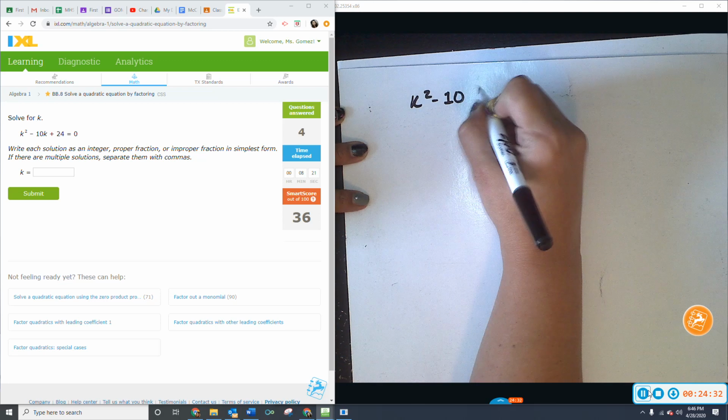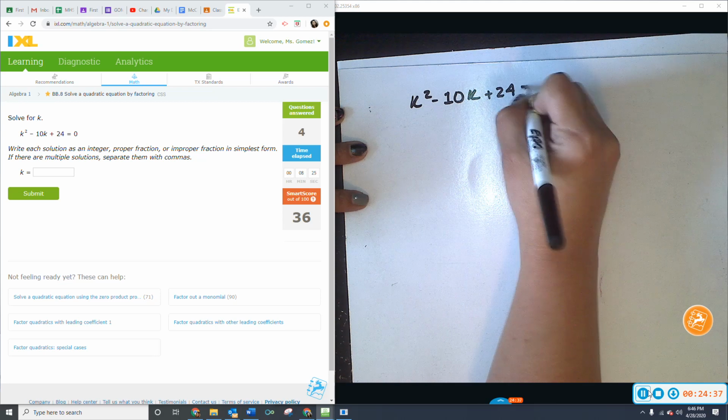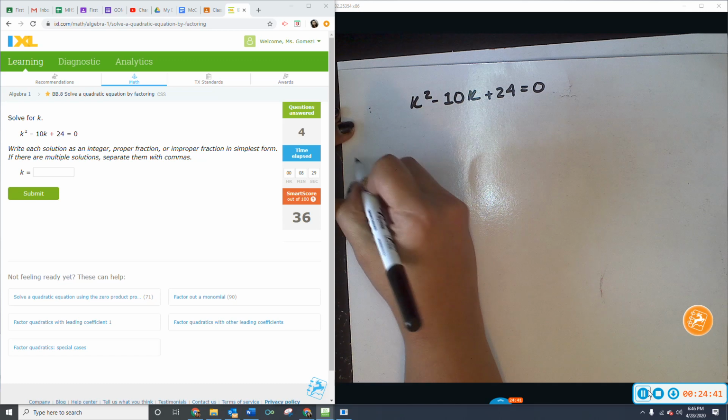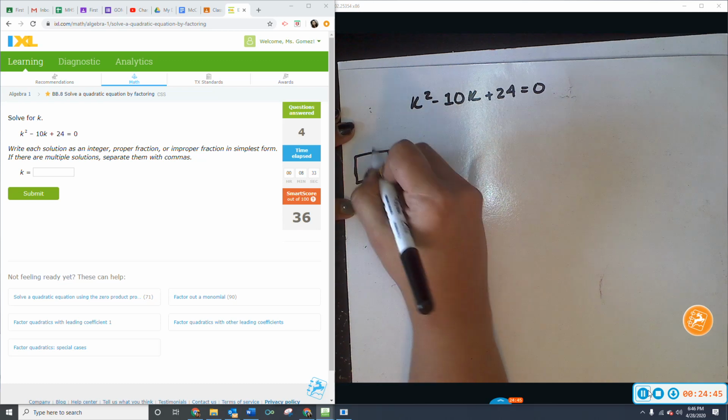10k plus 24 is equal to 0. Alright, so I want to try and find what will fit into my box here.